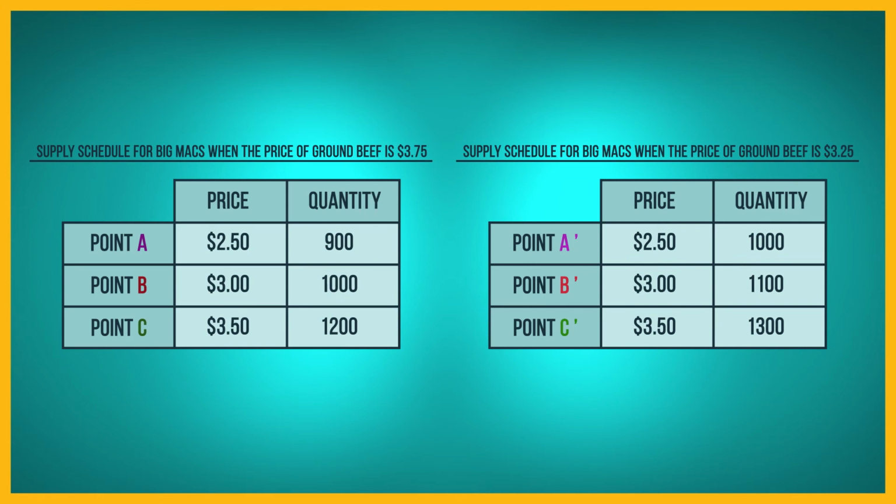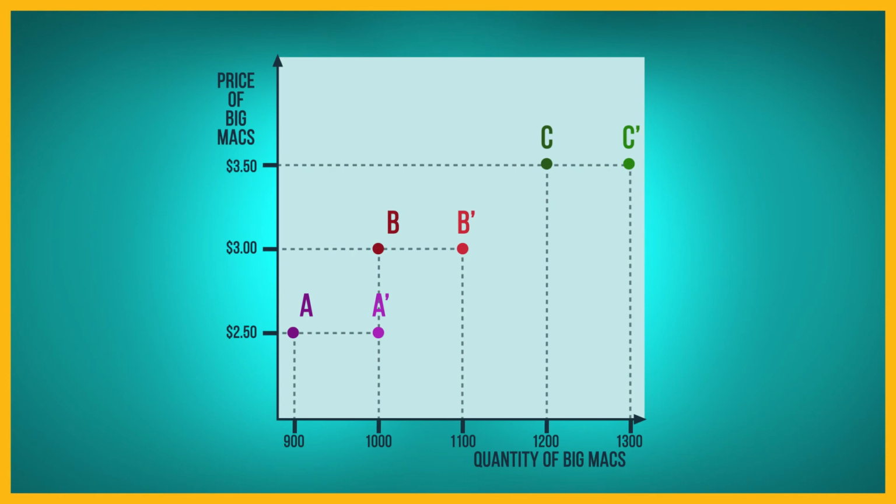The supply schedule for Big Macs when the price of ground beef is $3.25 would look something like this. When we plot the two supply schedules, we see that the supply curve when the price of ground beef is $3.25 lies to the right of the supply curve when the price of ground beef is $3.75. When the price of ground beef decreases from $3.75 to $3.25, points A, B, and C move to the right.